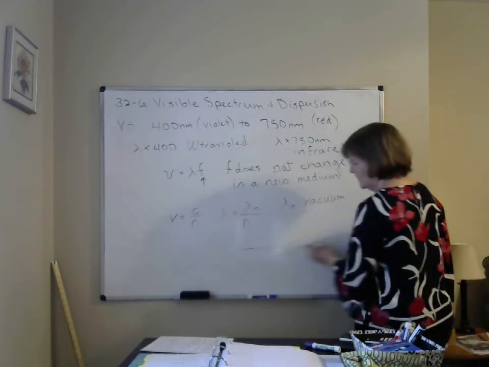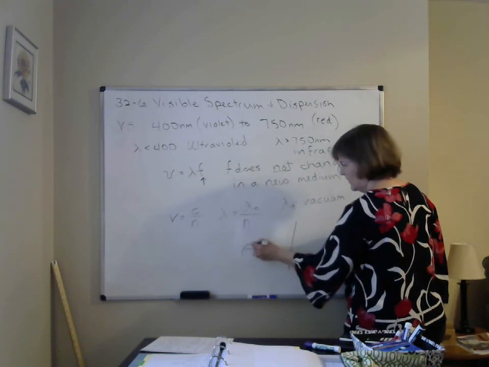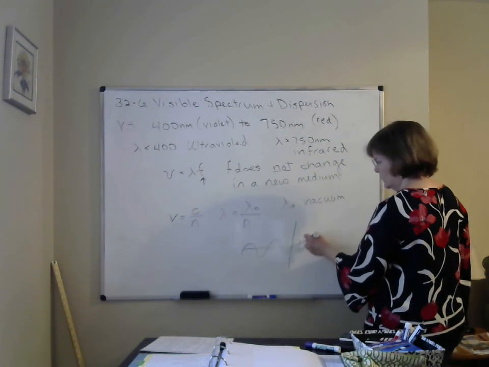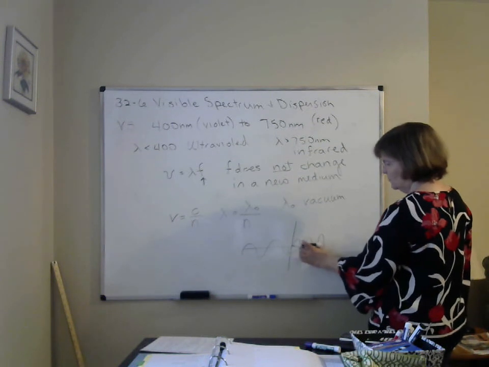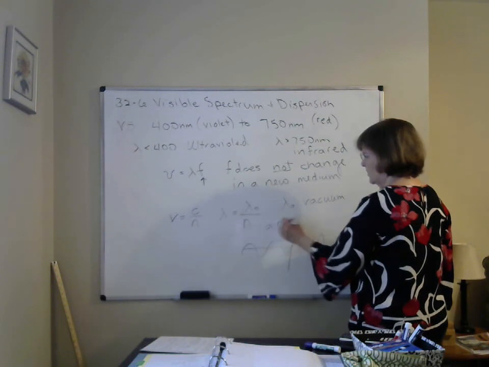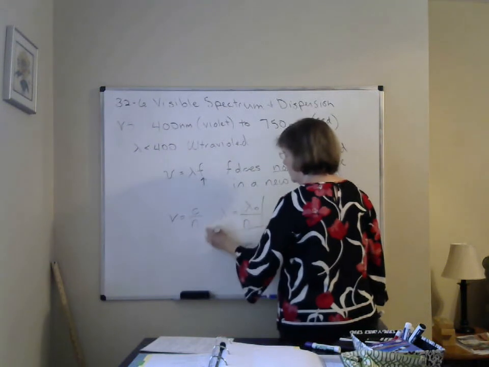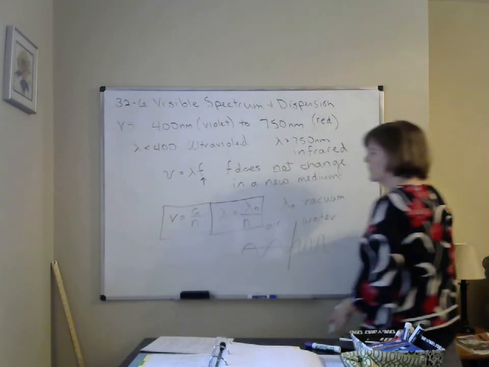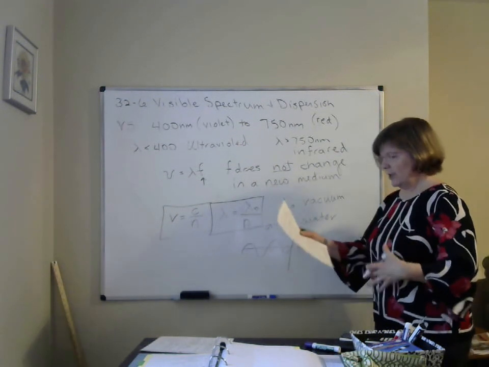So if you think of this as being air and this being glass, and we have a wave that's traveling like this, when it comes to the glass, it has to go slower. Its frequency doesn't change, but it slows down, and the result is the wavelength is shorter by a factor of n. So this would be something like air, water. That's an important idea to remember. We already know this first one is true, but we also need to remember that since it does slow down, it also changes wavelength.